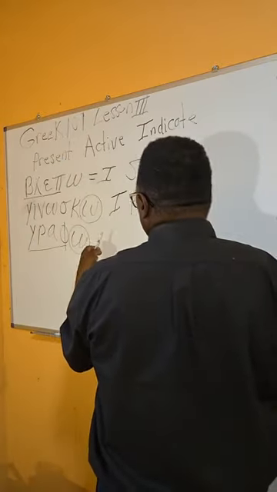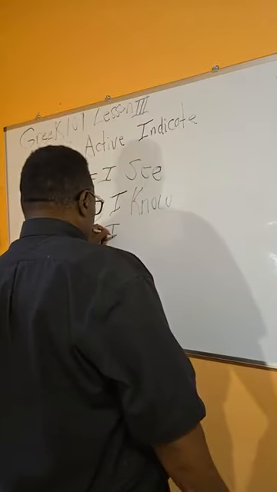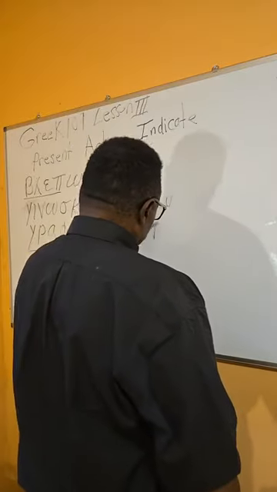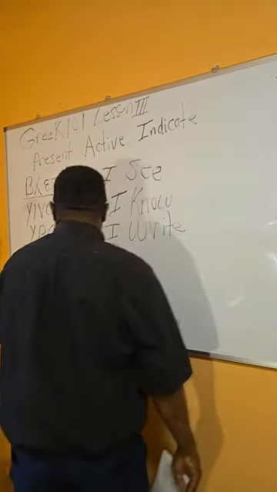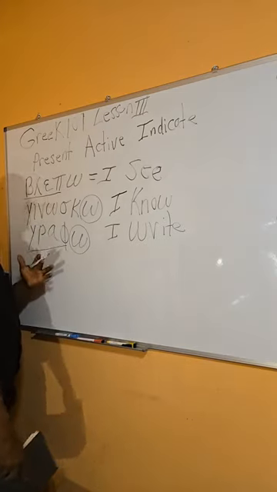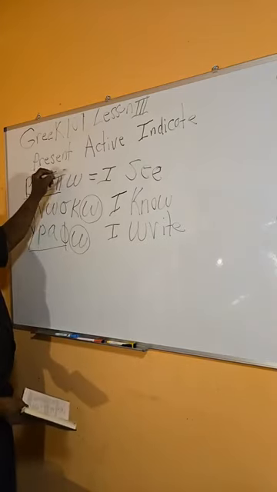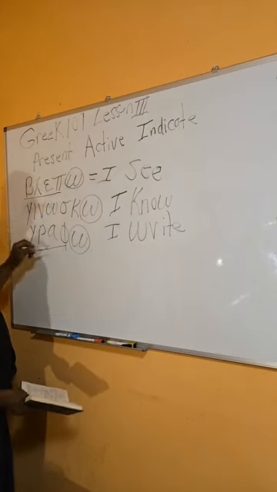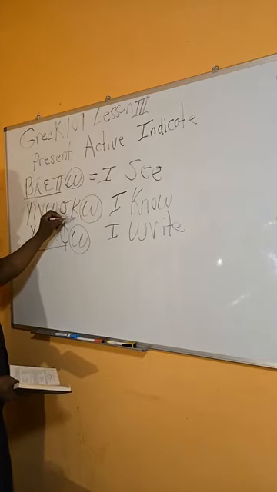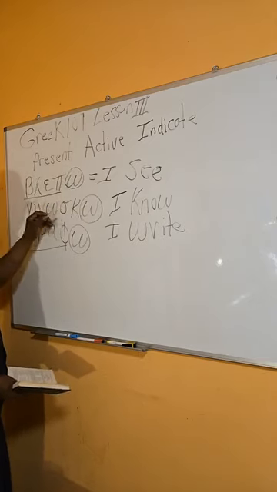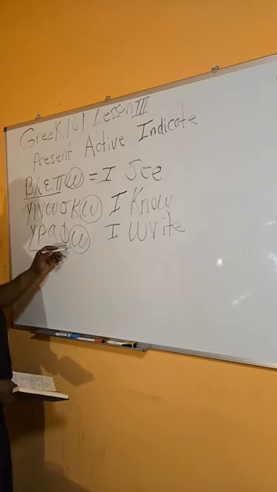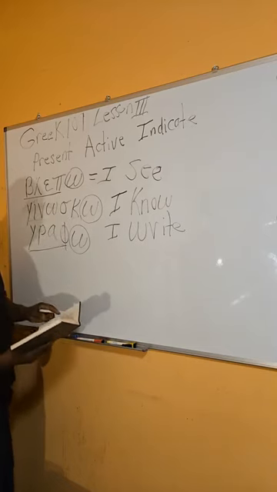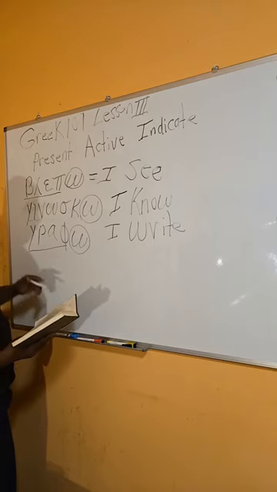Grapho means I write. Okay? Say I write. That's your verb. Subject verb in English, but in Greek, it's just one word. So you have to know your Greek endings. See right here, that omega behind that word. Here's your stem. Grapho. I write.